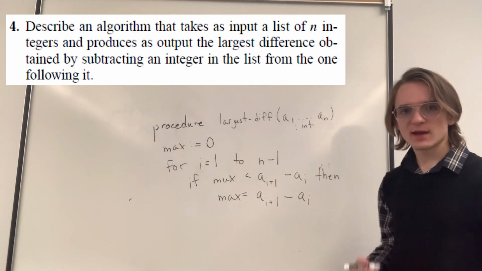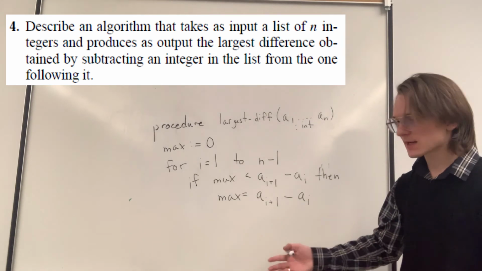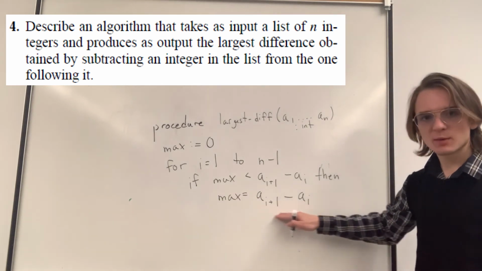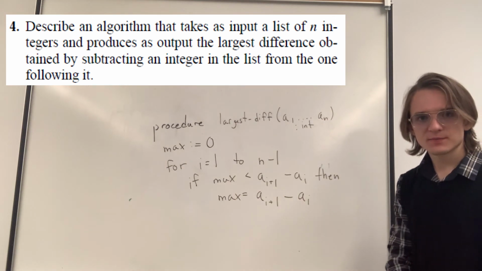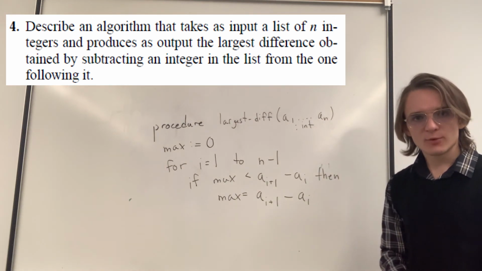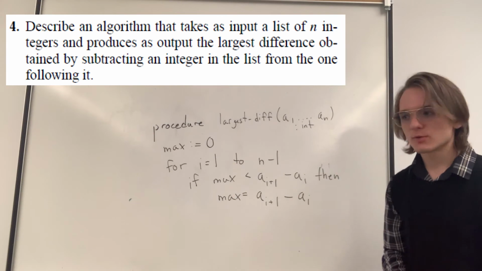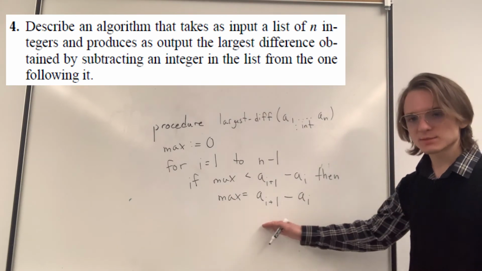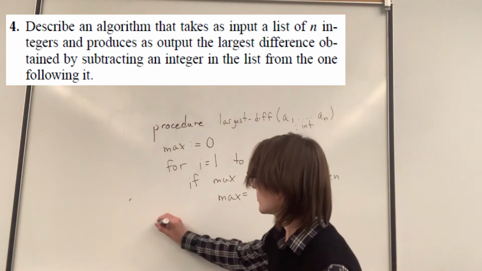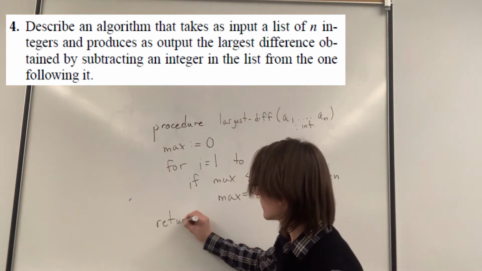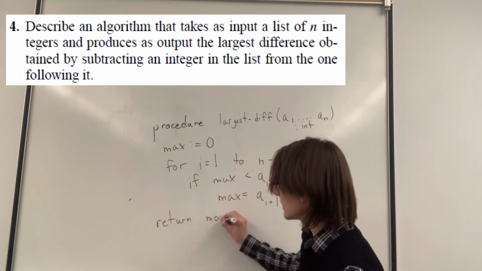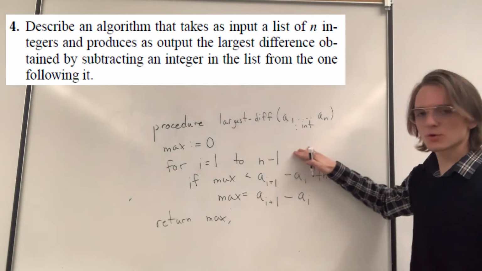And if that difference is greater than the current maximum, then maximum is updated to be that new difference. Okay, so to end our algorithm, we want to return maximum, whatever maximum is when we're finished with this for loop.